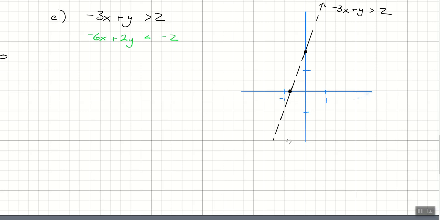Cool. For the second one, let's do the same thing. If x is 0, it's just gone. 2y equals negative 2. What's y? Negative 1. I know that when x is 0 for the green one, y is negative 1. That's not green. Right there.